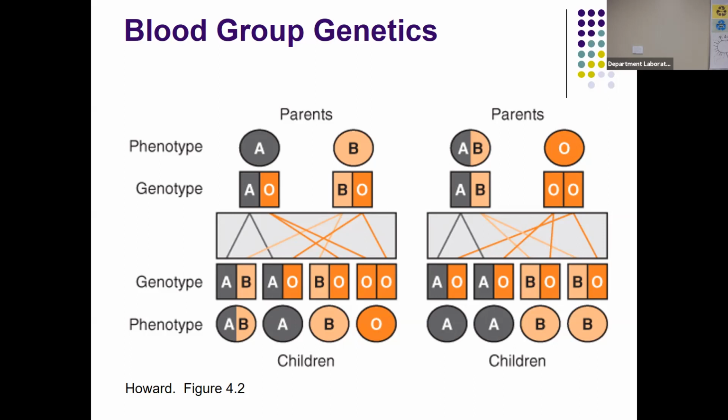And remember, you can only be OO to be O. So in order for a patient to be O, they have to have one O allele from one parent and one O allele from the other parent. So if anybody ever tells you that they're AB and their mom is O, might want to check that out.